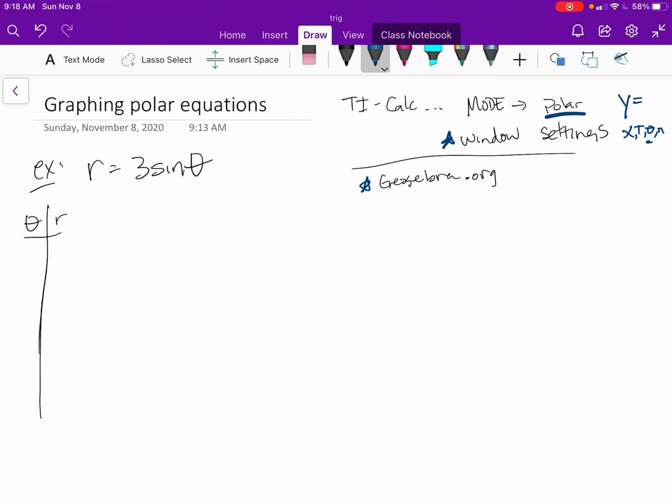Before both of those though, let's look at the process that's going on behind a calculator when it does the work for us. So just like x and y, if I had a function, y is a function of x, or x is a function of y, either way, it is choosing an independent variable, in this case theta.